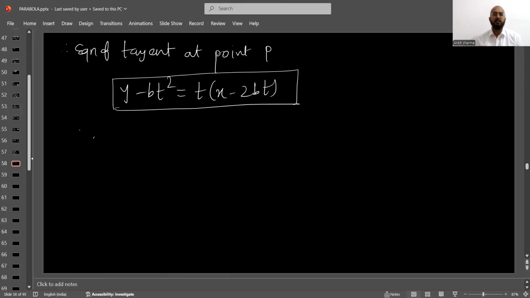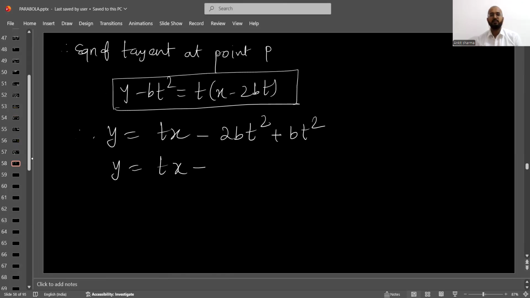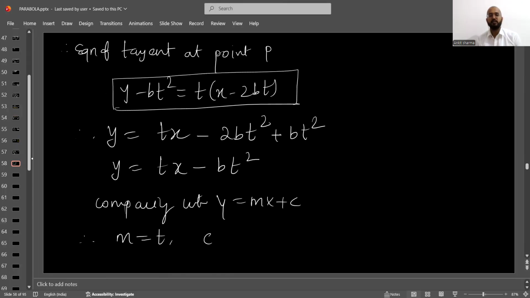Now also we'll see here, y is equal to tx, and then I have minus 2bt square plus bt square. So this turns out to be y is equal to tx minus bt square. If I compare with y is equal to mx plus c, I get m is equal to t and c is equal to minus bt square.